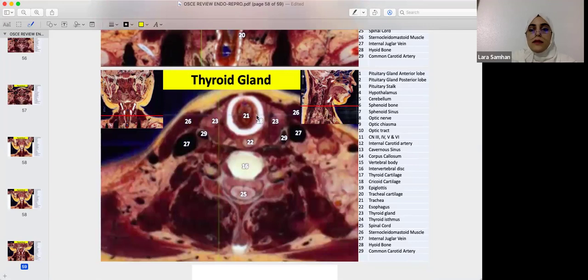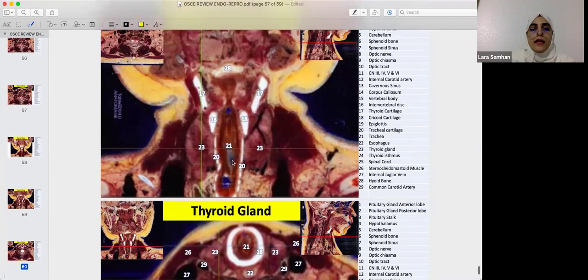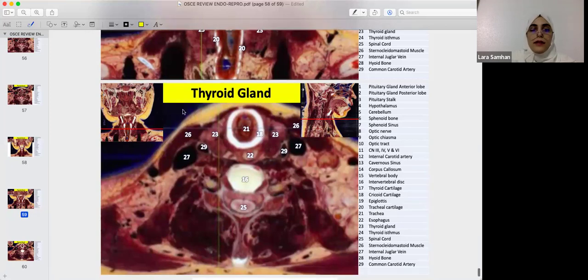Number 20 is the tracheal cartilage. Number 23 is the thyroid gland from the right and also from the left side. So this is just a bit more oriented. This is the anterior part, and this is the posterior part.